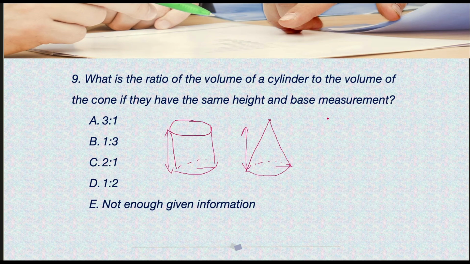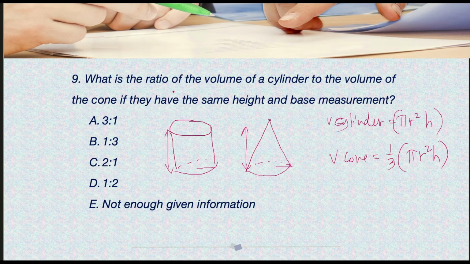What is the volume for the cylinder? Mathematically, the volume of the cylinder is the area of the base, which is pi r squared, times height. And the volume of the cone is equal to 1/3 pi r squared height. Review your geometry and you will know this formula. So in other words, the volume of the cone is just 1/3 of the volume of the cylinder.